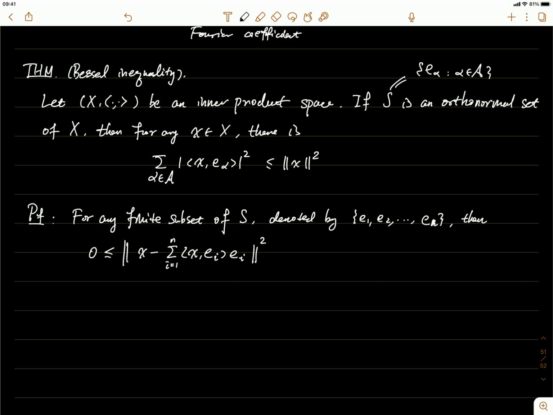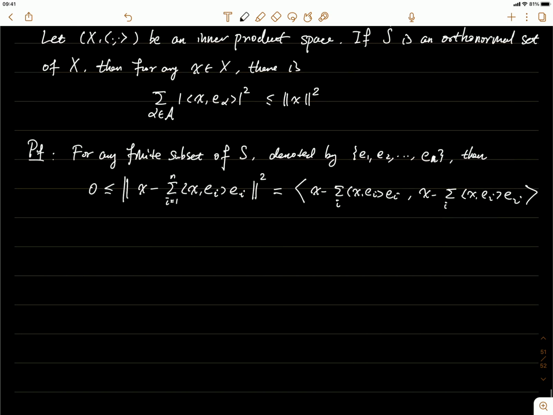And on the other hand, we know that we can expand or break this square. We can rewrite this as x minus the sum of the inner product of x and e_i times e_i, also x minus the sum. Okay, and then it will be very easy to show that this essentially just becomes the norm of x squared, and then you have two interaction terms, this times x, and also x times this, and then finally you have this times that.